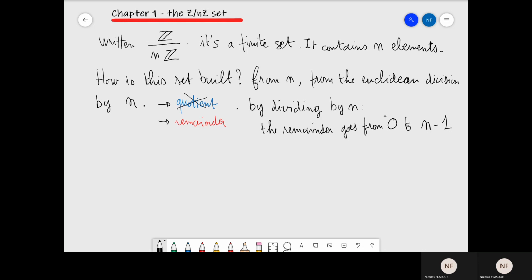These are all the possible values for the remainder when one makes an Euclidean division of any number by n.